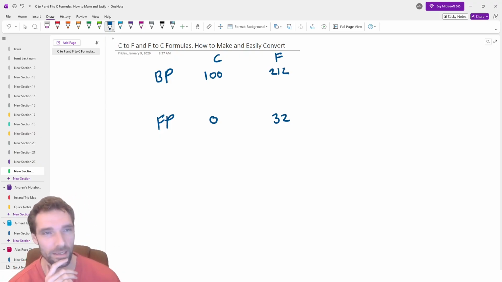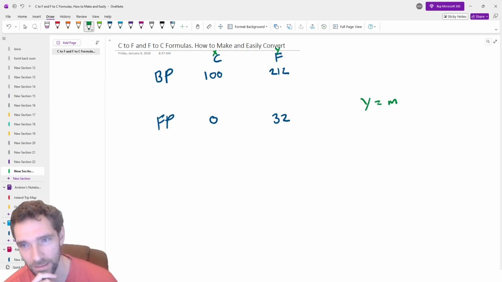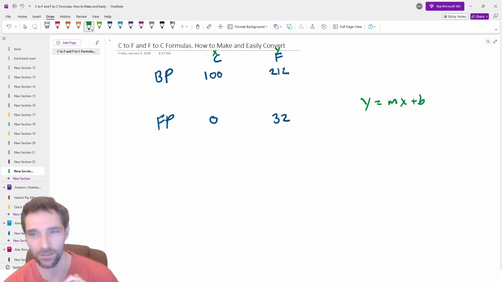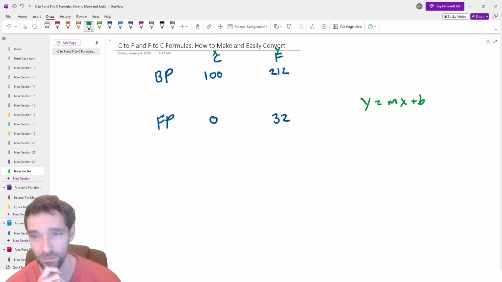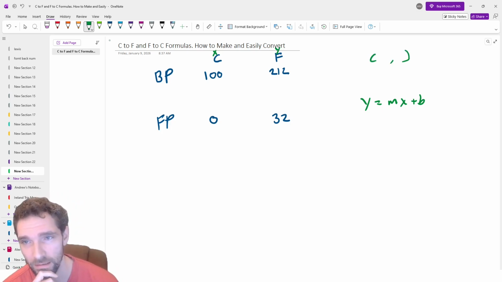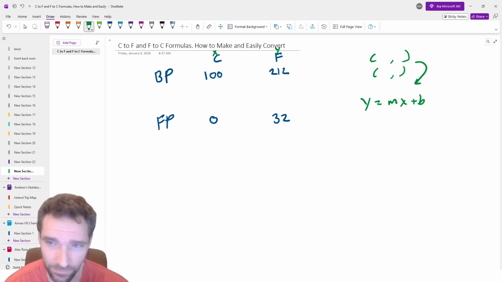So in a sense, you've got your x and y values here. And you can think about this as y equals mx plus b. If you remember, if you've got 2 points, you should be able to make the formula from those 2 points. There's a couple different useful things that we can do here, like finding the slope.